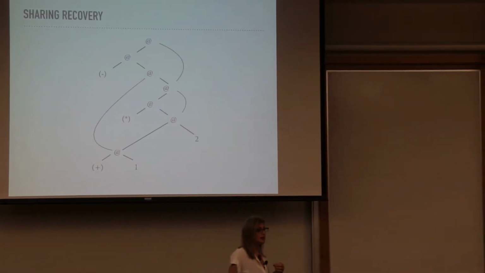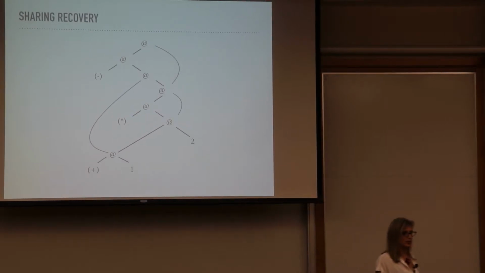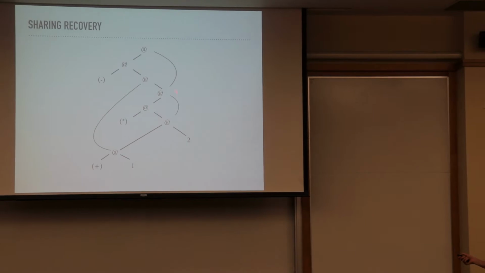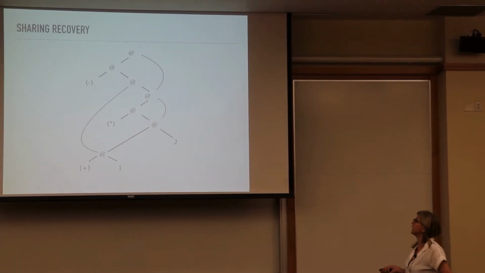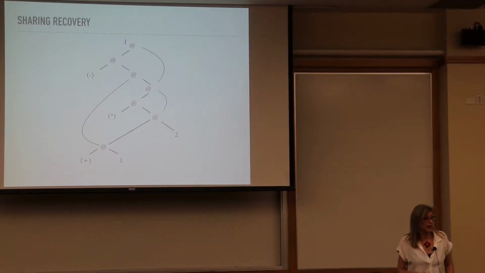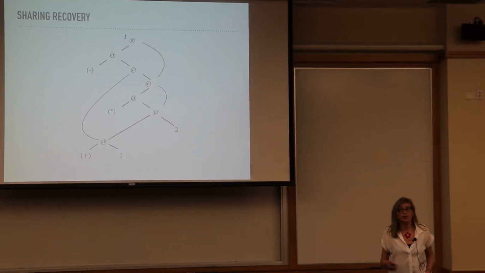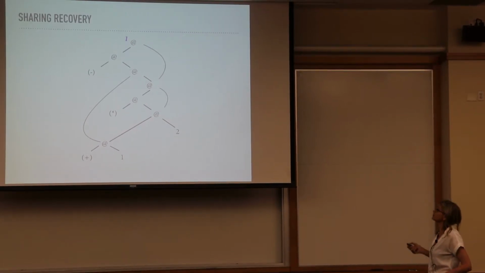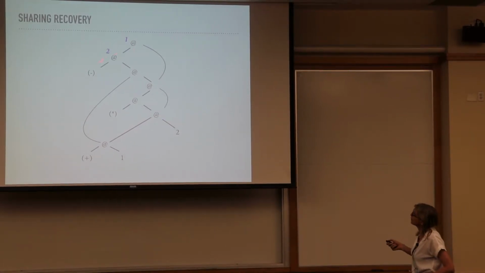So the algorithm is actually pretty straightforward. I have this abstract syntax tree, and I use stable names to annotate each node. I just chose integers here: 1, 2, 3, 4, 5, 6, 7, and then 8, 10, 11.